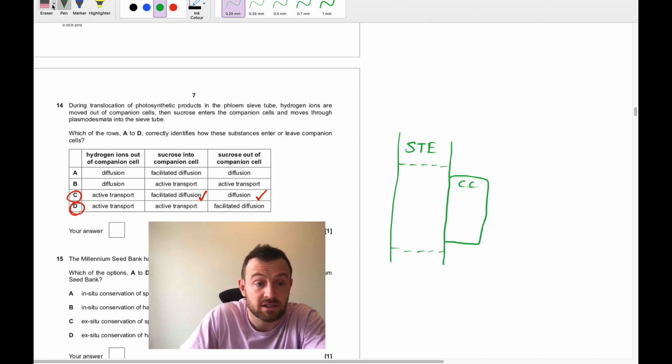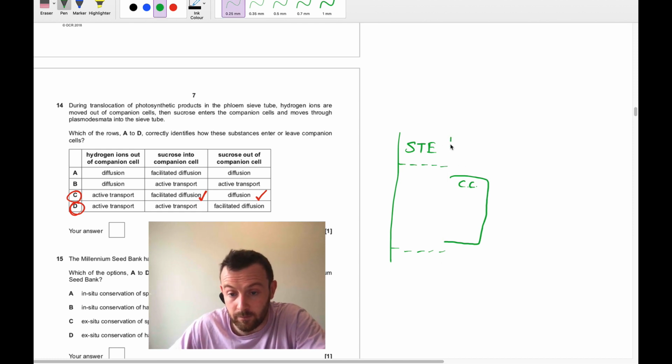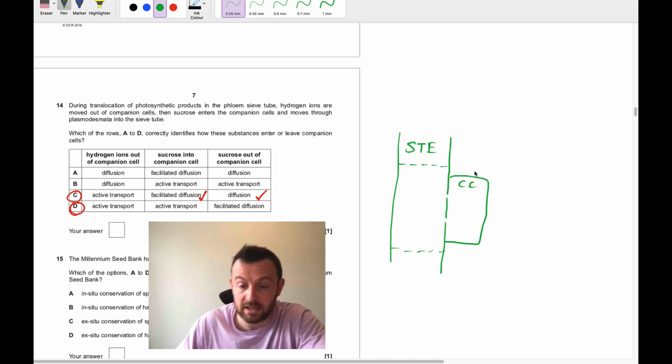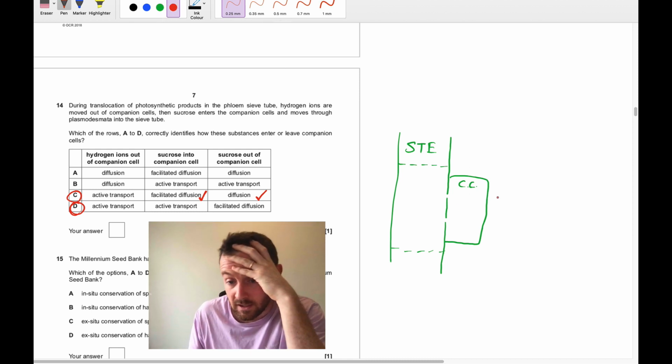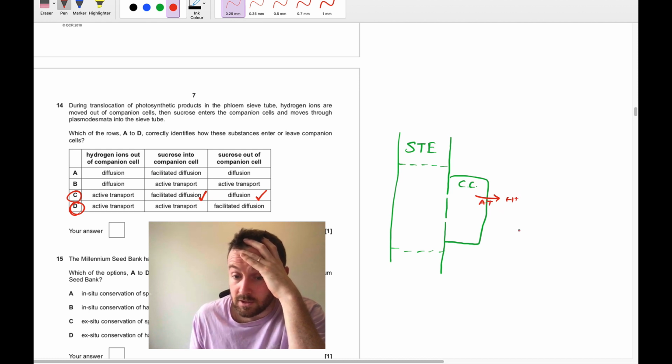Now actually there are these tiny little plasmodesmata which link the companion cell to the sieve tube element. So what happens is H+ is actively transported out, so active transport, and then the H+ can passively come back, but it has to be with sucrose.